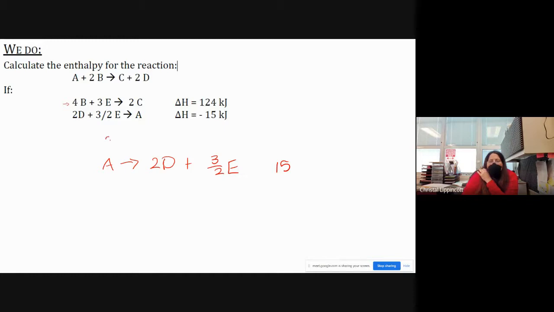Okay, so that's going to be 2b plus 3 over 2e yields 2c, and I divided that by 2. So what do I have to do to my enthalpy? Wouldn't it yield 1C because you divided by 2? Yeah. That'll cancel out. This cancels out. That's going to leave me with my 2b and my a, and my c and my 2d. So then all I have to do is add these together. And I'm done.